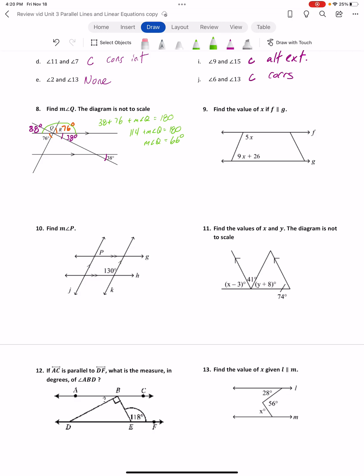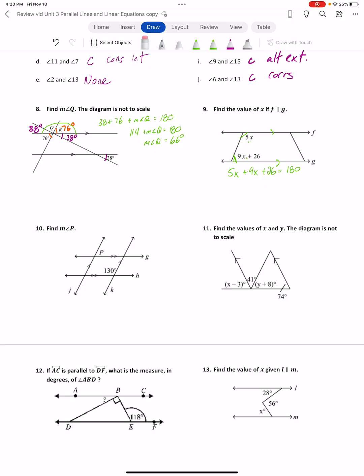Next one. If F is parallel to G, this is something that's really important for your test. You know that consecutive interior angles are going to be supplementary. So I know 5x plus 9x plus 26 is equal to 180.